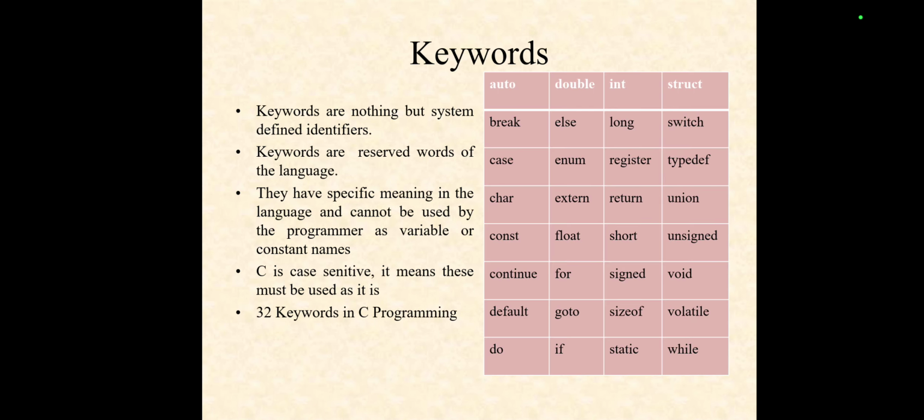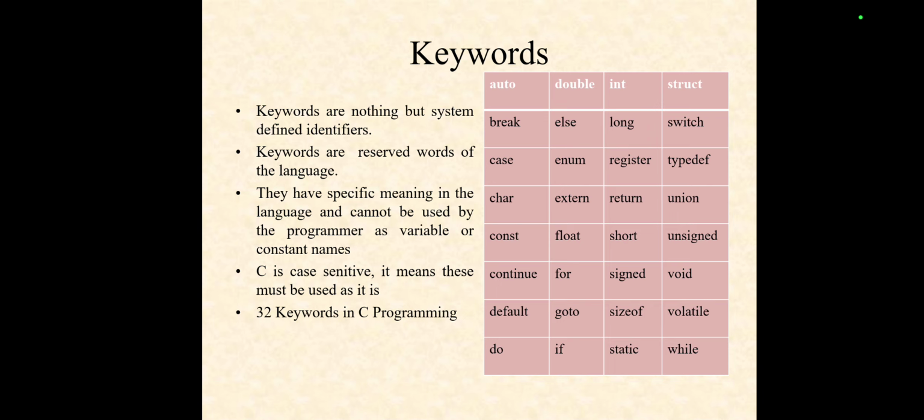There are some keywords which are reserved in C language. Keywords are nothing but system defined identifiers. These are reserved words of a language. They have a specific meaning in the language and cannot be used by the programmer as variable or constant names.